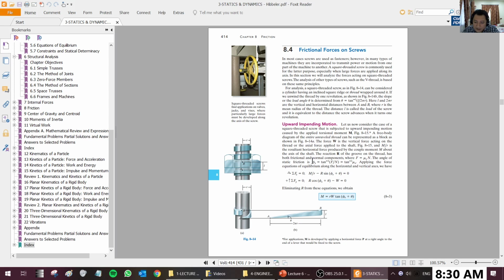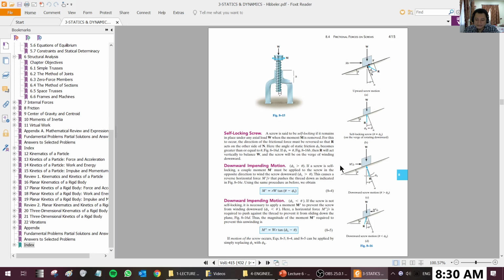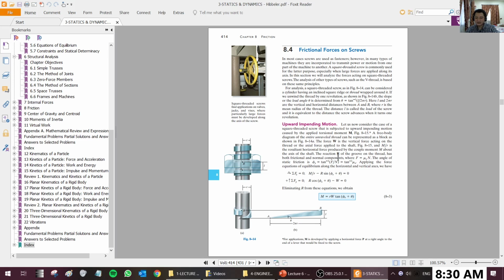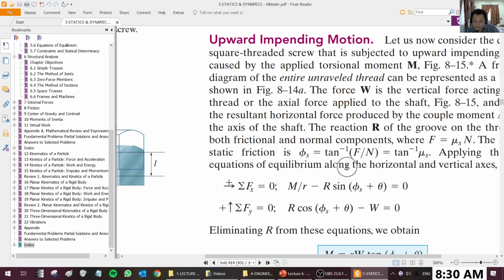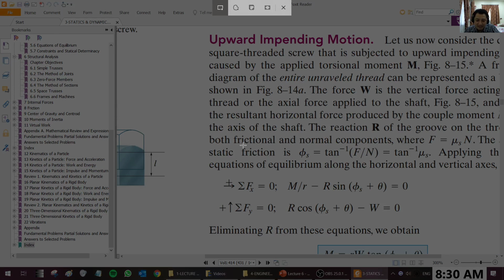This is the formula. Theta S is the angle of static friction, which is tangent inverse of F over N. This is the thing that we are missing out, which is called the angle of static friction. Let's paste this in the formula.